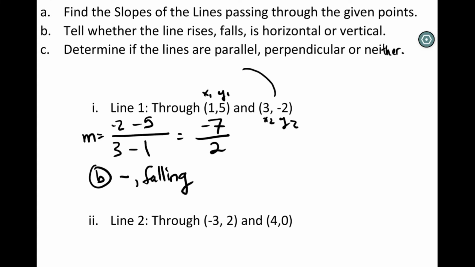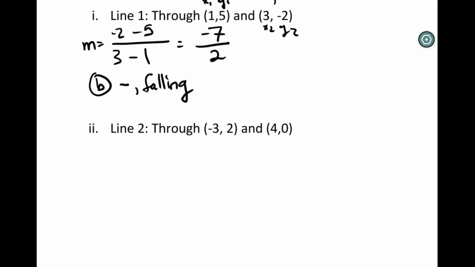For the next piece, line 2, I actually have a typo here. We want to fix this, okay? It is going through the point 7, 6 and the point 0, 4. Make sure you fix that, or you will not get the resulting answer. That is 0, 4, not 4, 0.